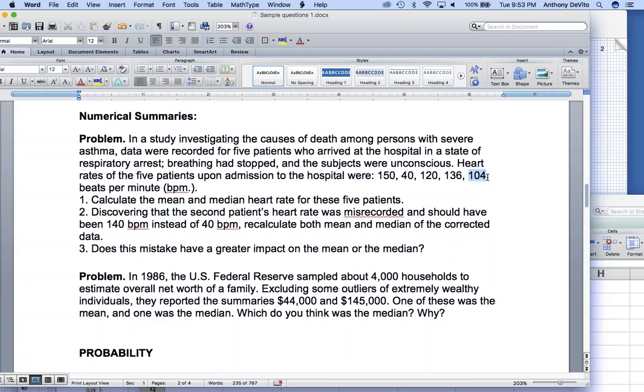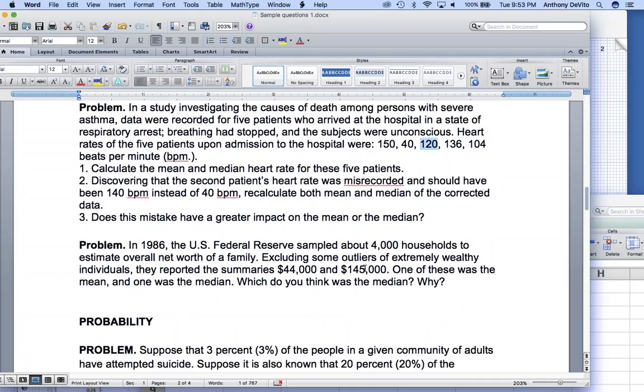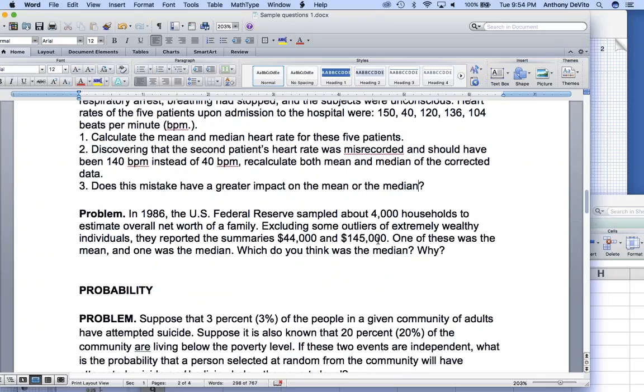I predict that the median is not going to change much. It's going to wind up being 120, I guess, instead of 104. So it's only going to change a little, but the average probably will have a greater change. The mean tends to be more sensitive to outliers than the median is in general.